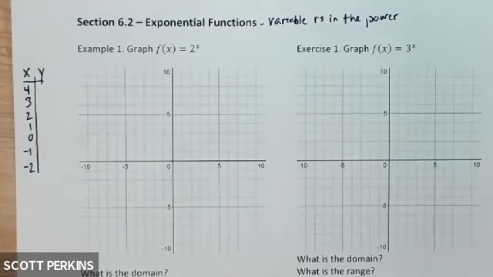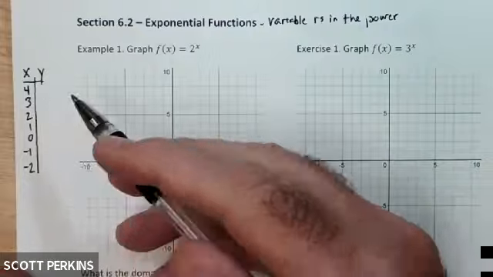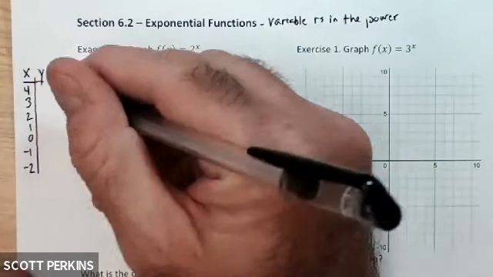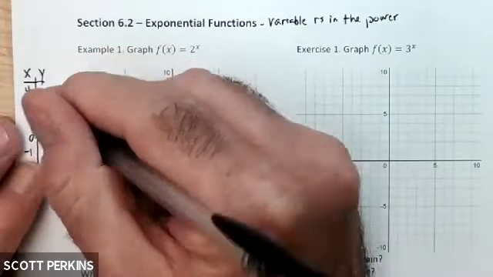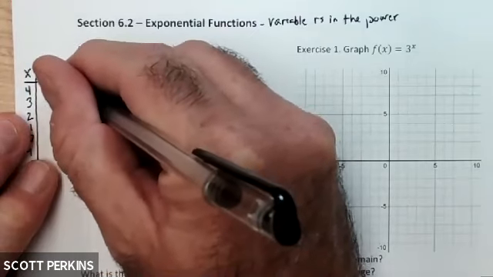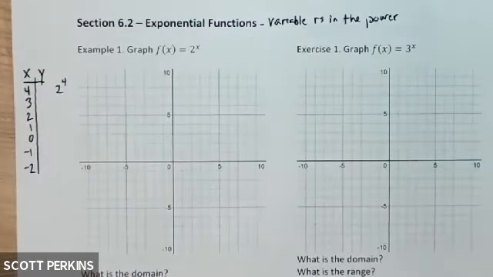So I'm expecting that everybody's fairly comfortable taking things to powers, but let's go ahead and see. So when I put 4 in, so just to make note, if you need to write this down, great. If you don't, great. What that looks like is I have 2 to the 4th power. And what is 2 to the 4th power? What does your calculator tell you when you take 2 and multiply it by itself 4 times? 16, perfect.